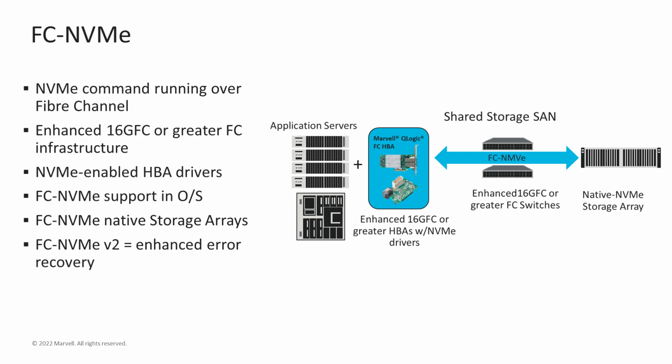In addition, there must be support in the operating system for FC-NVMe, and customers need to have a storage array that supports native FC-NVMe connectivity as well. All QLogic QLe2690 series, QLe2740 series, and QLe2770 series HBAs from Marvell support not only FC-NVMe, but they also support FC-NVMe version 2 with enhanced error recovery.